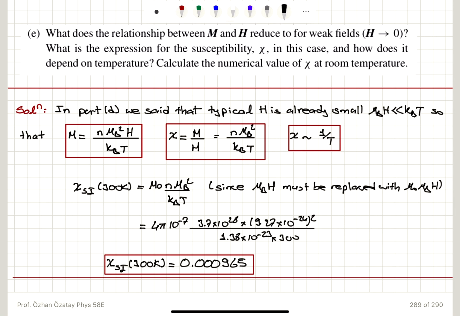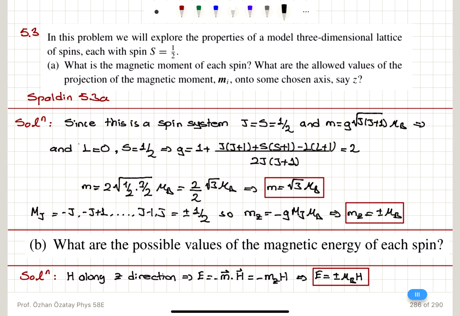Okay, so let's go through our results of the analysis of the three-dimensional lattice of spins, each with spin 1/2. The magnetic moment of each spin is g square root of J(J+1) Bohr magneton, and J is equal to 1/2 because L is equal to 0, S is equal to 1/2.